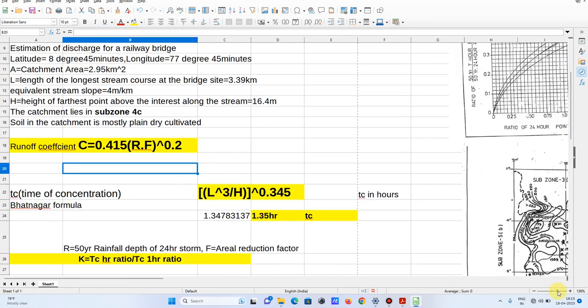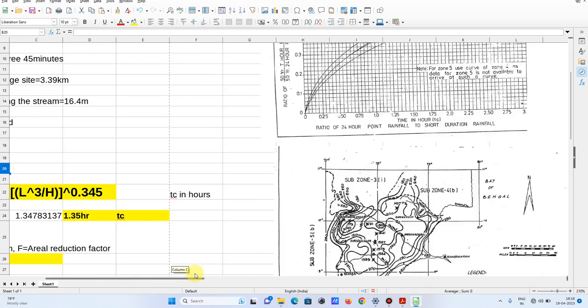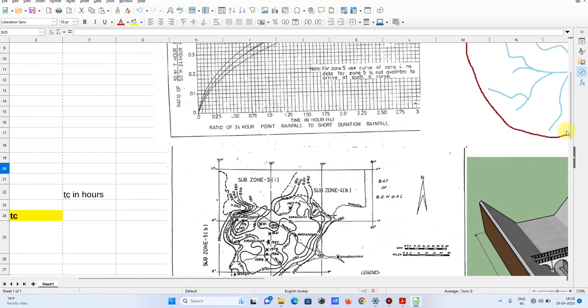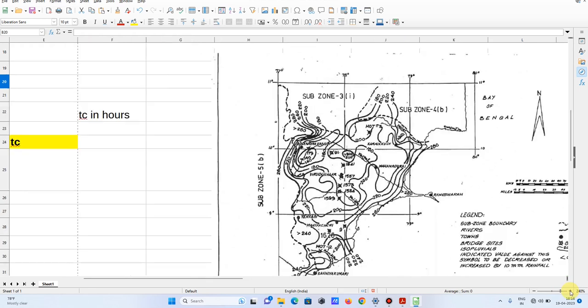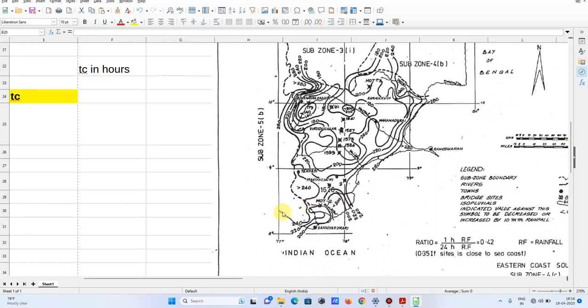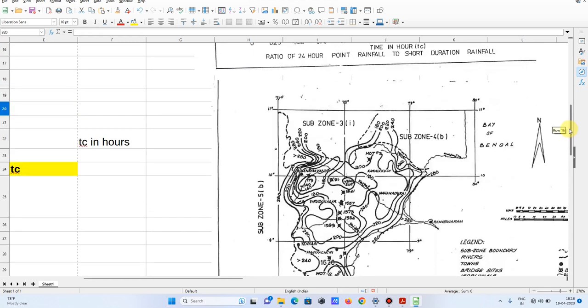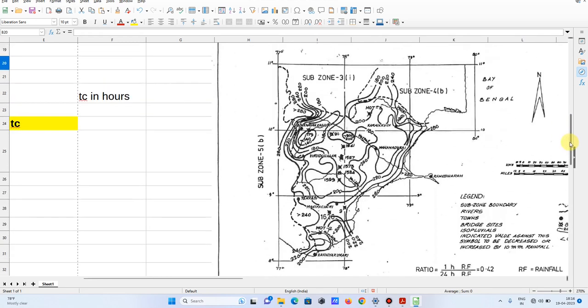So I'll zoom in here, and zoom in further. This latitude is 8 degrees 45 minutes. It comes somewhere here approximately, and the longitude is 77 degrees 45 minutes, so it comes somewhere here.